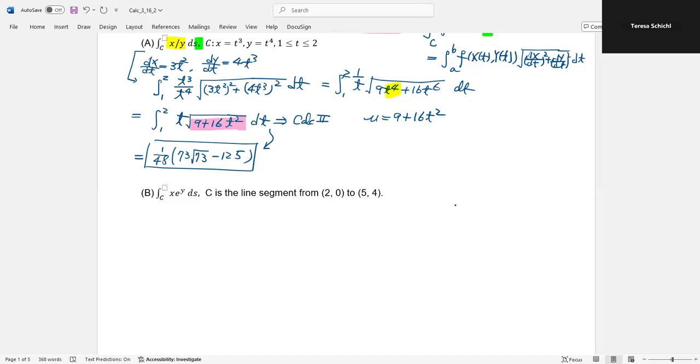Like in calculus 3, when we first start, we define the line in space, right? So here we can extend that to define the line in R2 also. The first thing, if we take a look at these two points, is the direction vector.